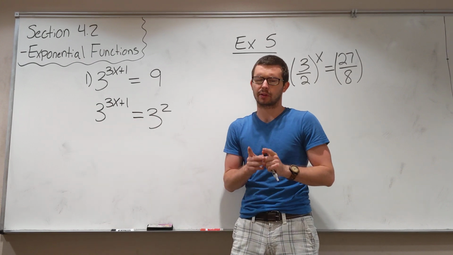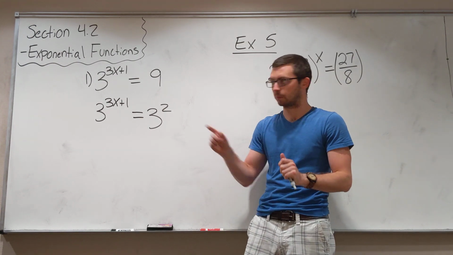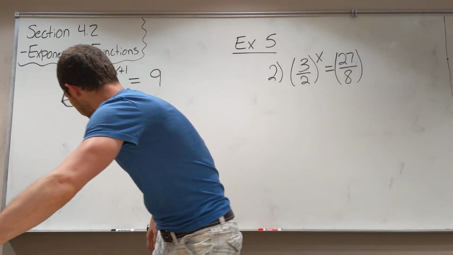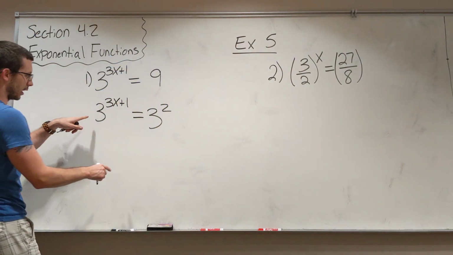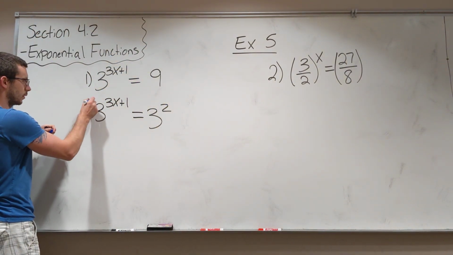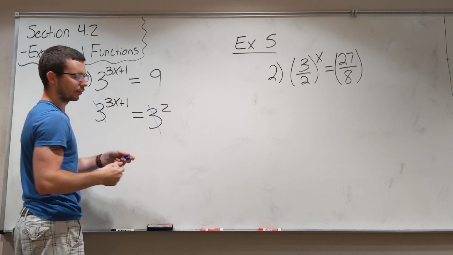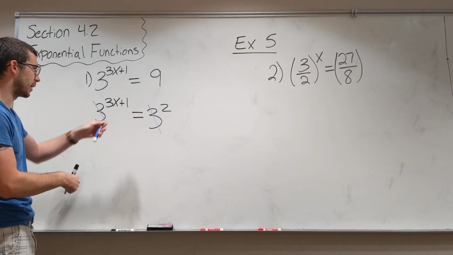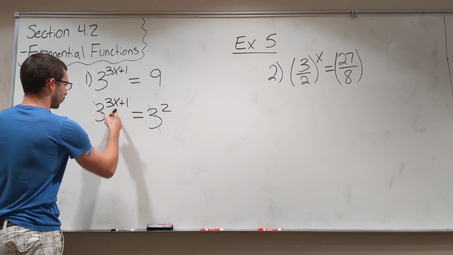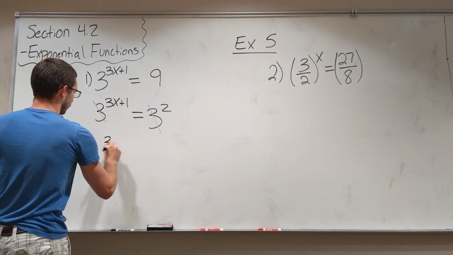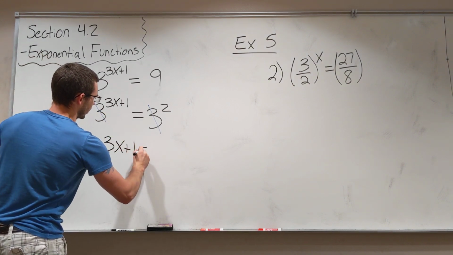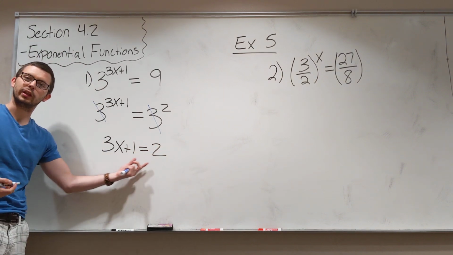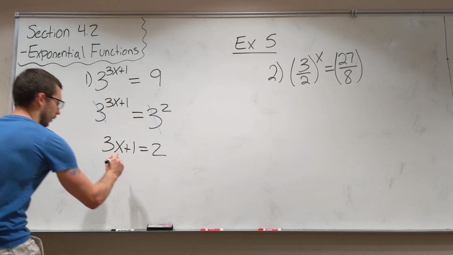Remember that property I mentioned: if you can get the same base on both sides, the bases cancel out. Over here the base is 3, over here the base is 3. Since they're the same, they cancel out, and the exponents drop down. So 3x plus 1 is equal to 2. That's it. And now it just reduces to a linear equation.